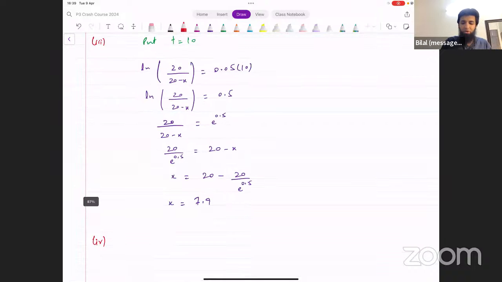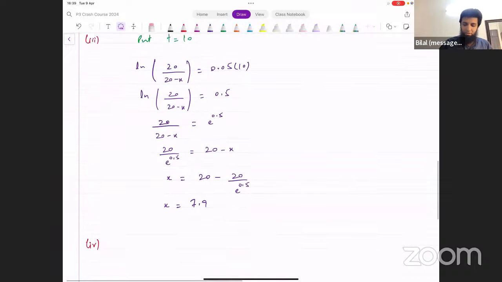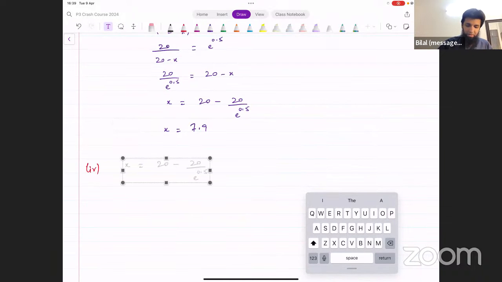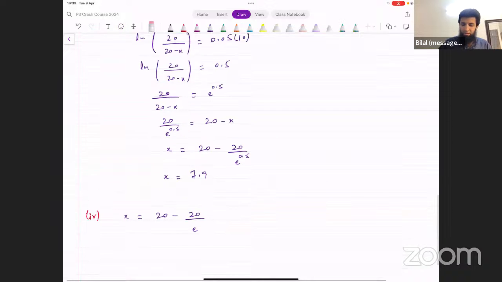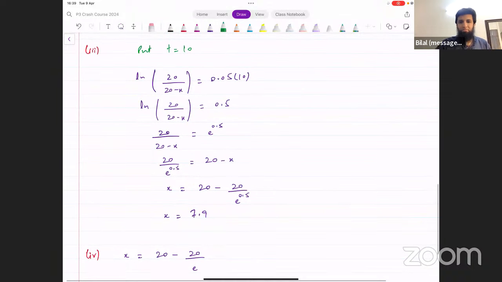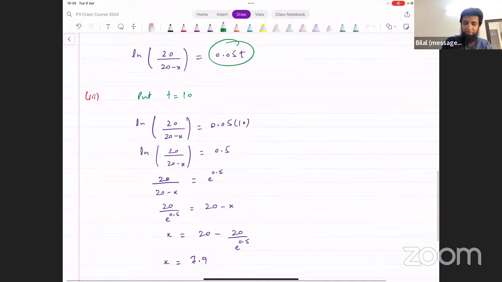But in the previous part, you put t equal to 10, right? So if t was not 10, you would get something like this again, x in terms of t. However, instead of having 0.5 as the power, what should you have? You had 0.05t here, remember?